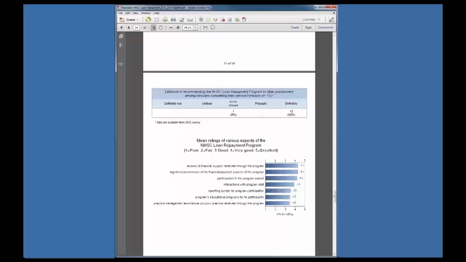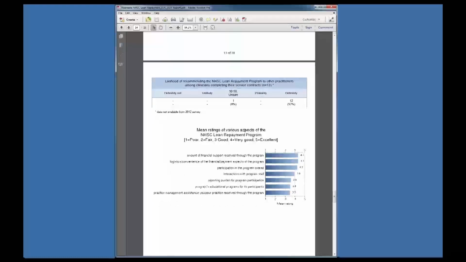These two questions on this page are ones that are responded to anonymously by the clinicians. Likelihood of recommending the NHSC loan repayment program to other clinicians: only 1 said 50-50 and 12 said definitely. That's an awful good showing for these folks.